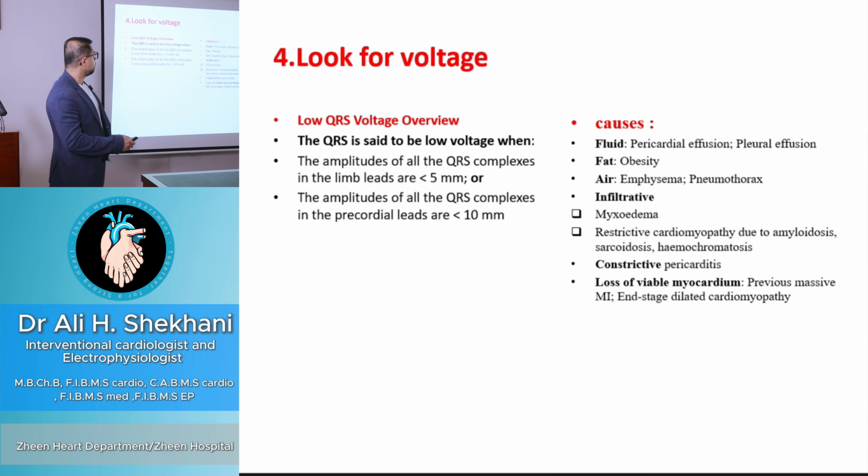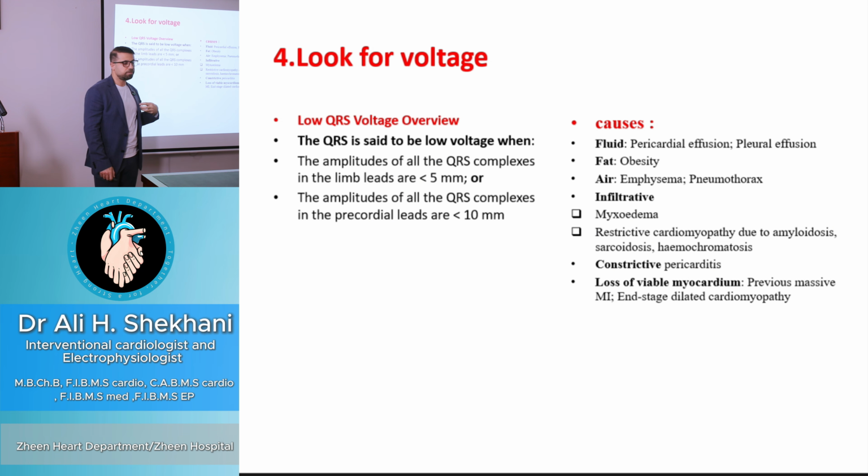And of course, we have to look at the voltage of the QRS. The definition of low voltage is when it is less than 5 millimeters in the limb leads and less than 10 millimeters in the precordial leads. As common sense, whenever you have low voltage, there should be some barrier between the heart and the electrode of the ECG.